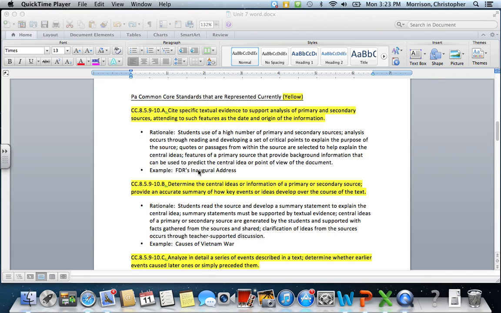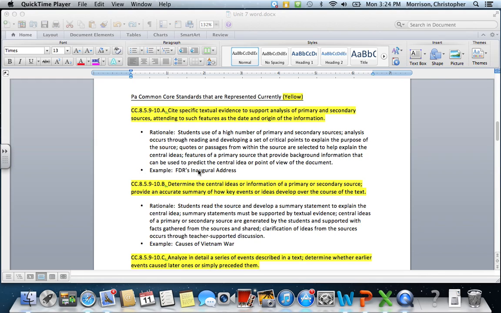One of the things I focus on is having students read the information, and I don't necessarily give them a lot of questions, such as some teachers may have: read this and then answer these questions. That's something I've moved away from over the last several years, because what I find is when you do that, students just simply look for the answer and they don't read to find the actual central idea.